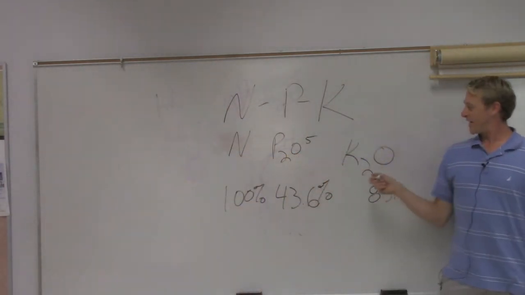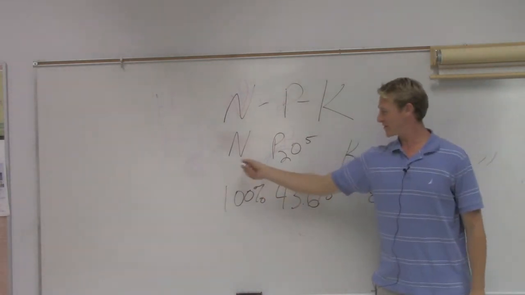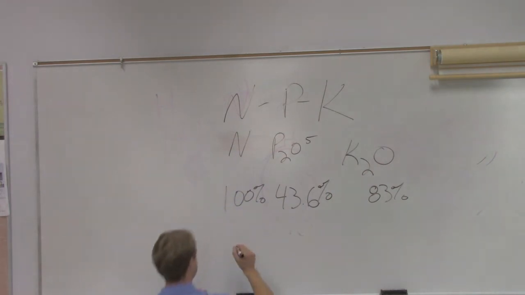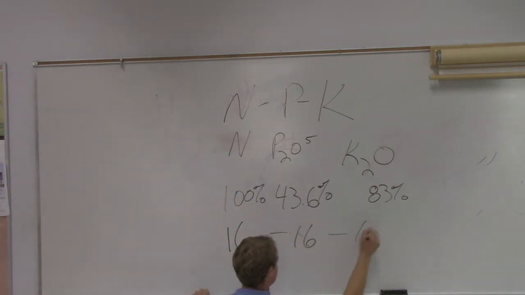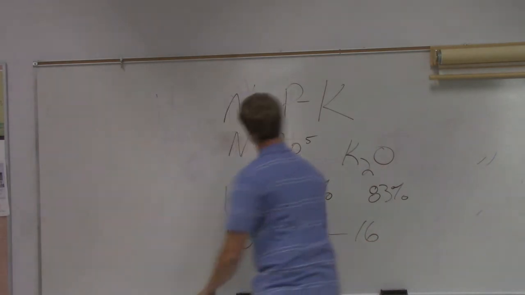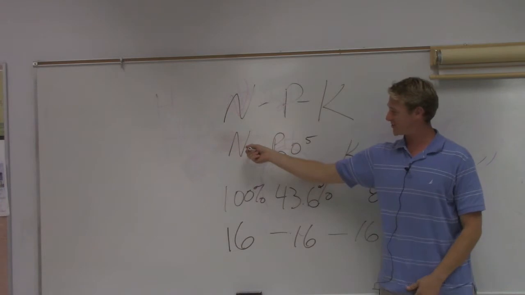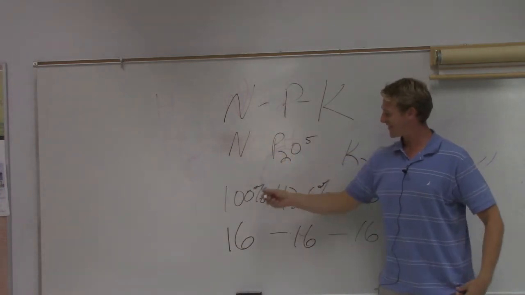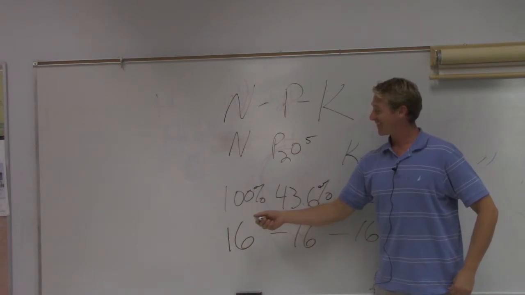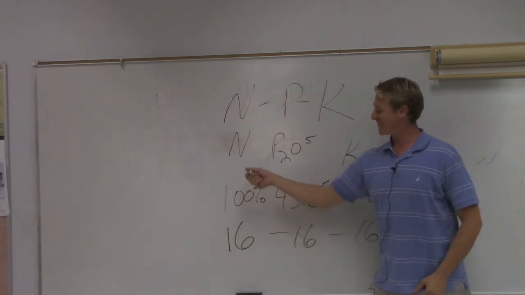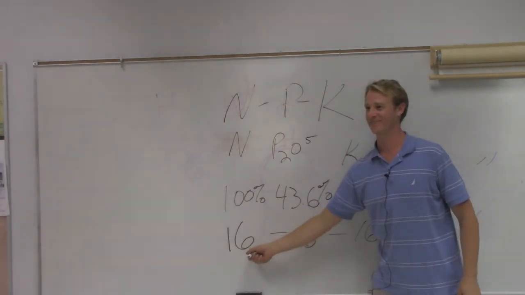N, P2O5, K2O. The number that is written here on a bag of 16-16-16: 100% of the nitrogen available in the bag is reported by this number.